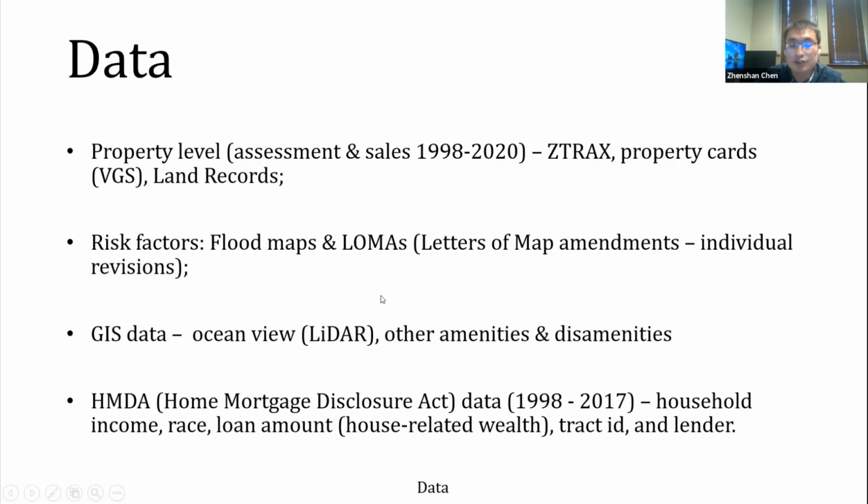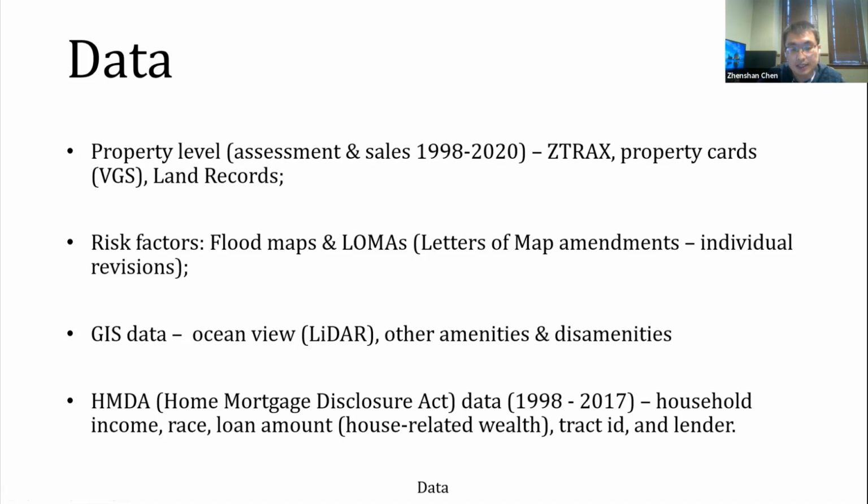Those are individual revisions, and they typically are not reflected in the flood maps. That's why we have to collect them to get the precise assignment of flood zone status. The older ones cannot be acquired from the FEMA database. We have to go to the local offices to collect the old LOMAs.